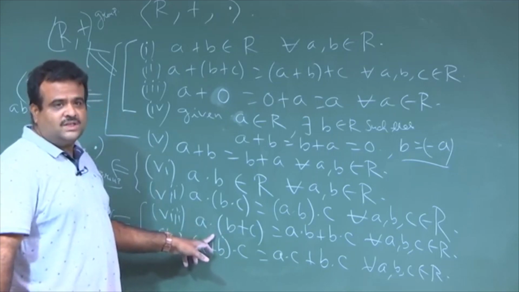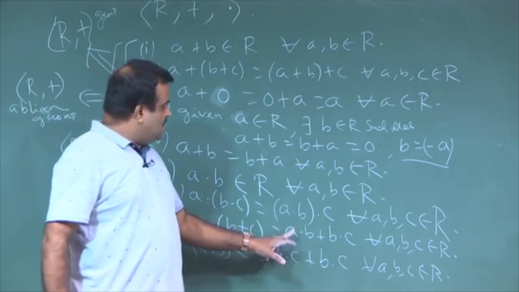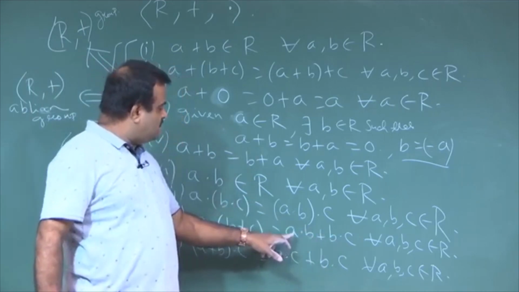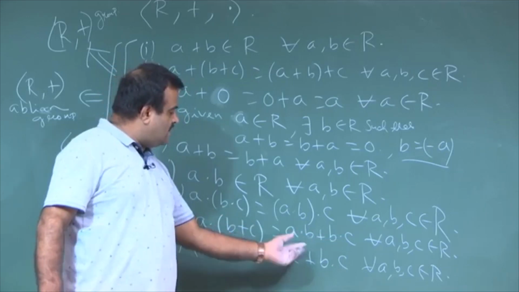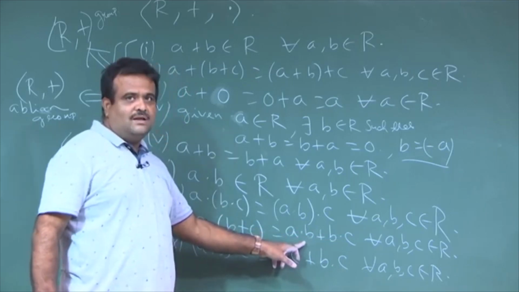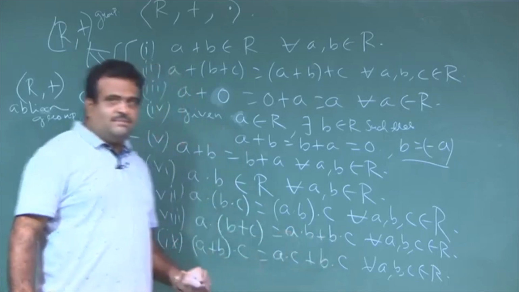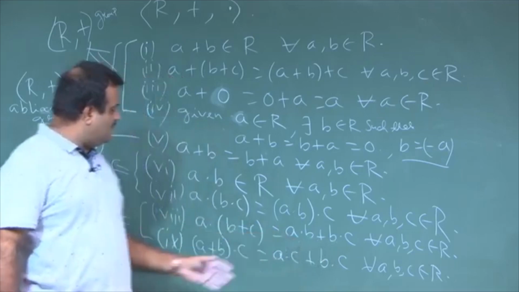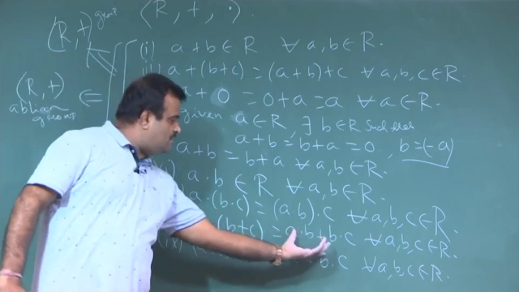Now, we want this element to be the same as this element, because this is again an element in R: A is in R, B is in R, then A dot B is in R. Similarly, B dot C is in R, and plus is closed again. So, this is an element in R. Now, we want this element to be the same as this element.